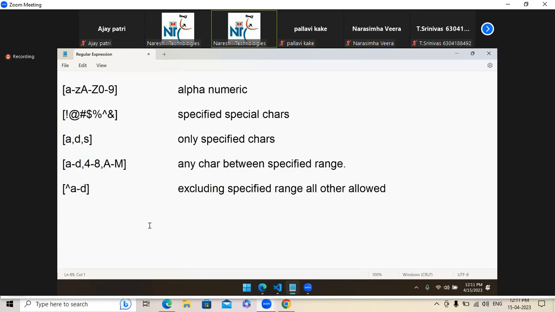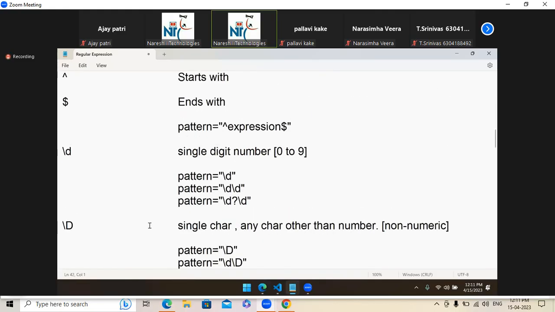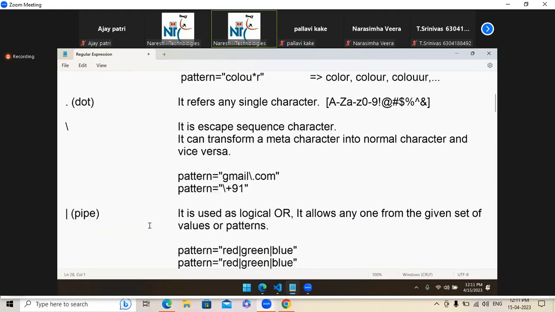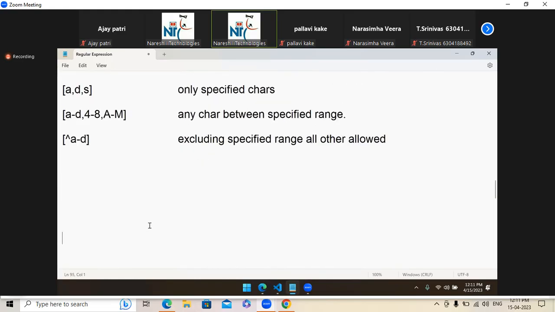We will handle them. So while writing the patterns, you need to know how to allow numbers, how to allow alphabet, how to allow special characters, how to allow a range, how to allow spaces, and all this. Right? These are all meta characters. Actually, in reality, in computer programming, there are more than 150 meta characters. Those are not required for you as of now.